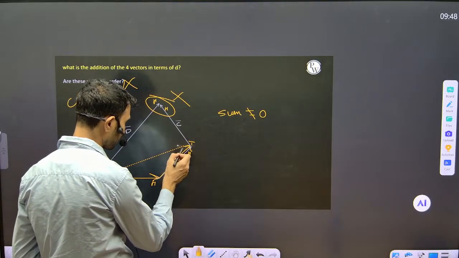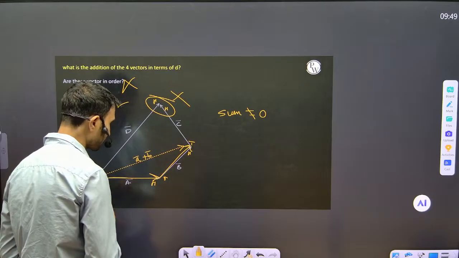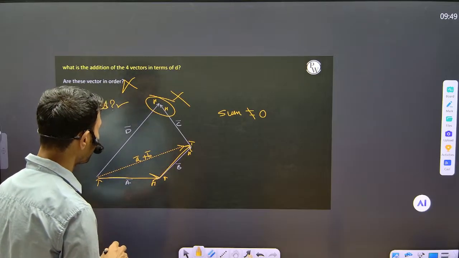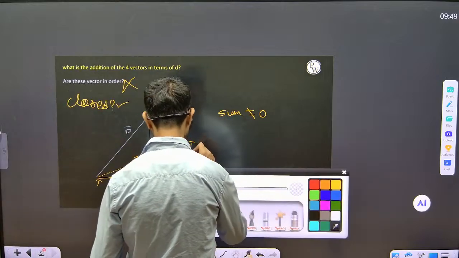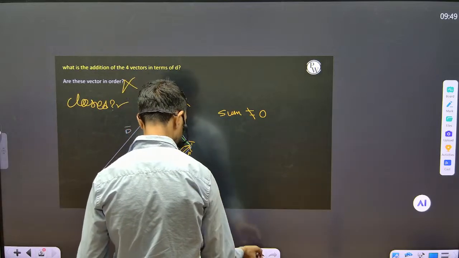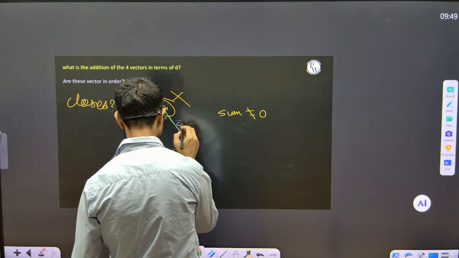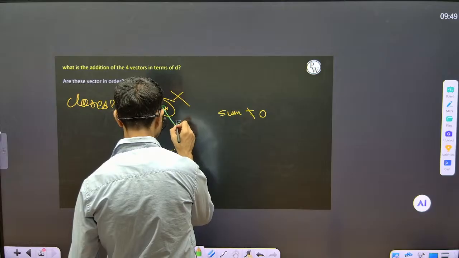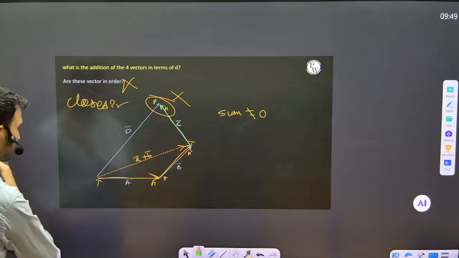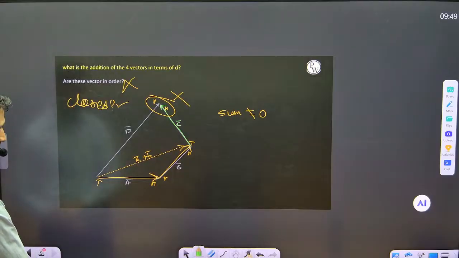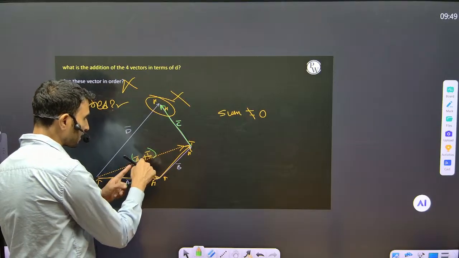So this is nothing but your A vector plus B vector. Then you have a green vector, which is C vector. Now if you want to add C vector and A vector plus B vector, what will be the result?